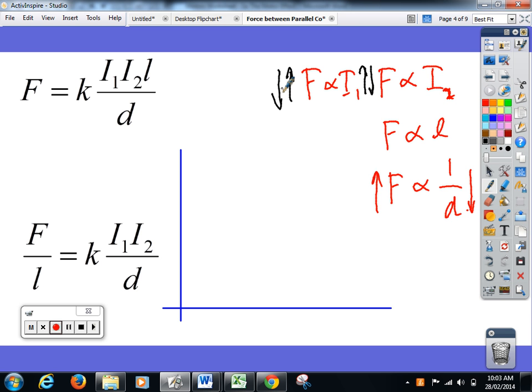In that table, if the length increases, the force increases. So increasing the length of the wire that runs in parallel will increase the total, or the sum of all the forces on it, and vice versa. And the final change is just remember, if we decrease the distance or make the wires come closer together, the force increases. We bring the wires further apart, the force decreases. Okay? So you can fill that in just out of proportionality statements.